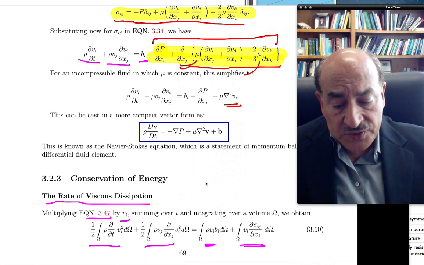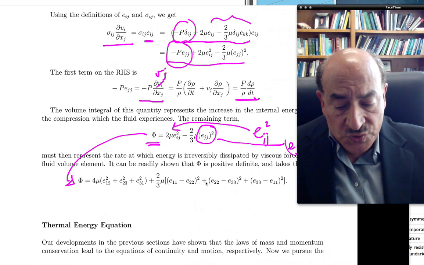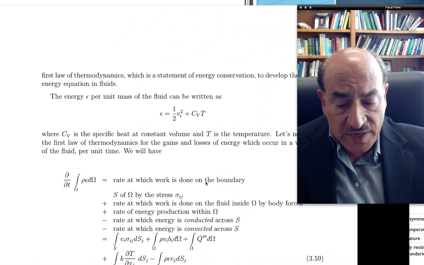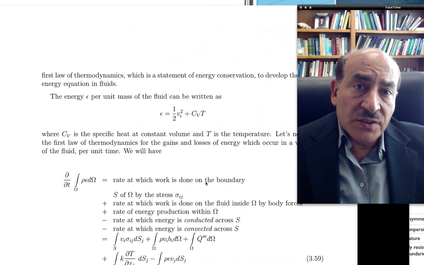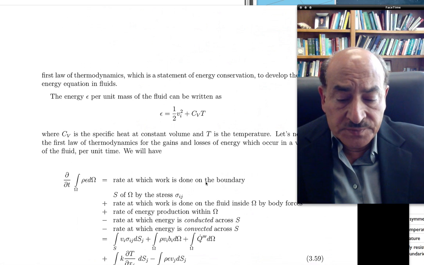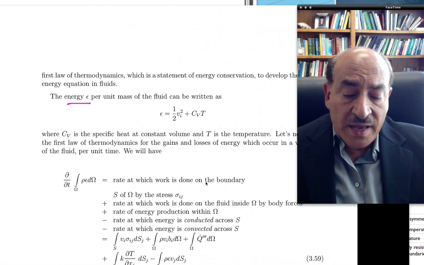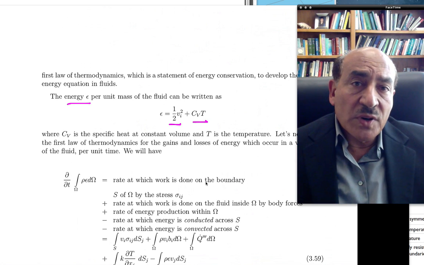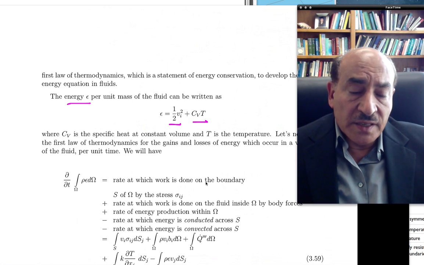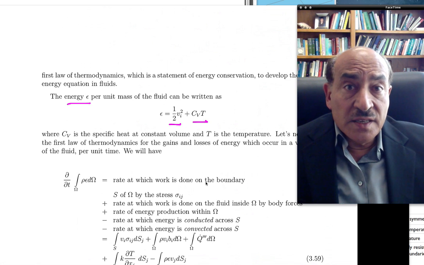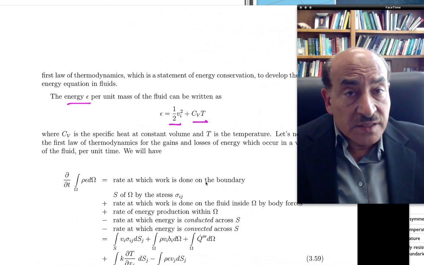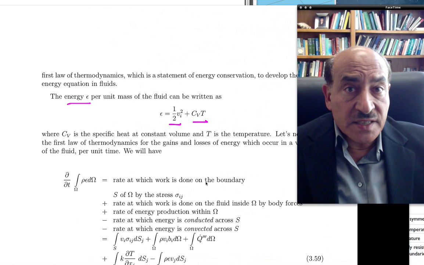So if we continue into the thermal energy equation now to derive it, we are going to define the energy epsilon per unit mass as 2 parts. One part is kinetic, half Vi squared, and the other part is C sub V times T, which is the internal energy basically at constant volume.